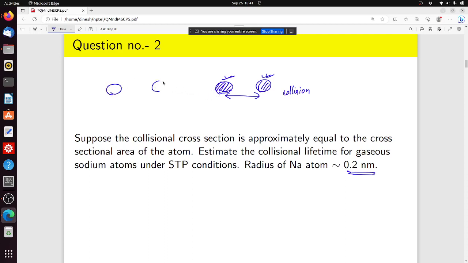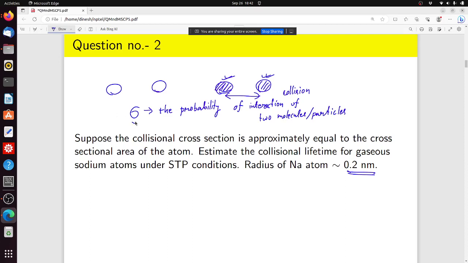Interaction of two point particles depends on this cross section. Cross section defines the probability of interaction of two molecules or particles.